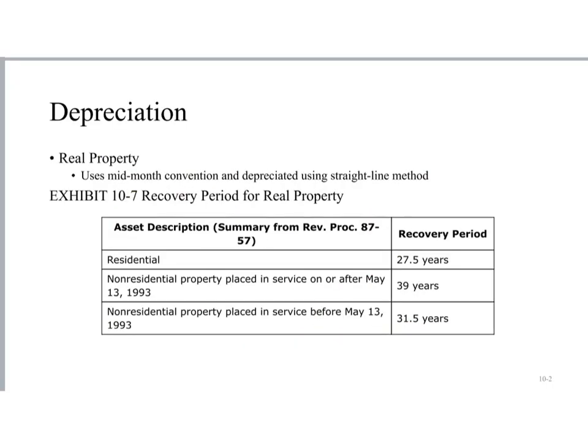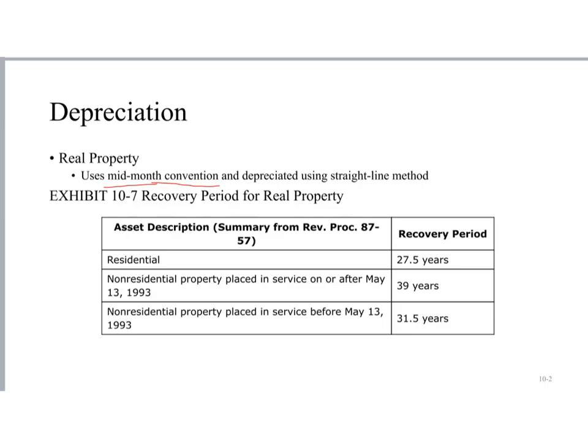All right, so we talked about depreciation conventions with personal property. And remember, there are two different conventions with personal property. Real property uses what's called the mid-month convention, and it's depreciated via straight line.